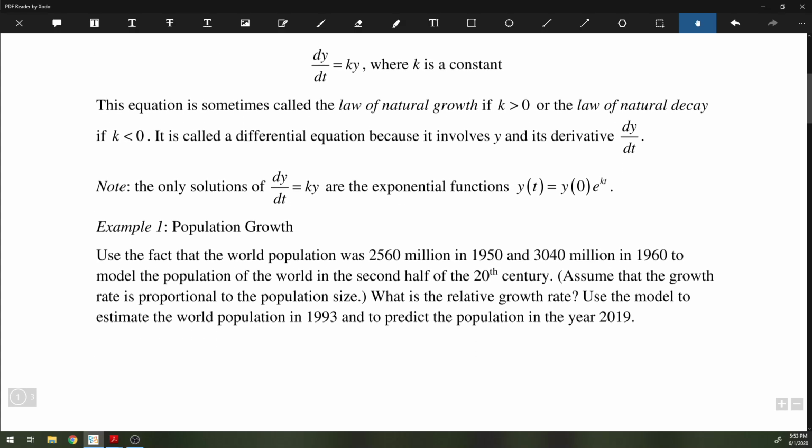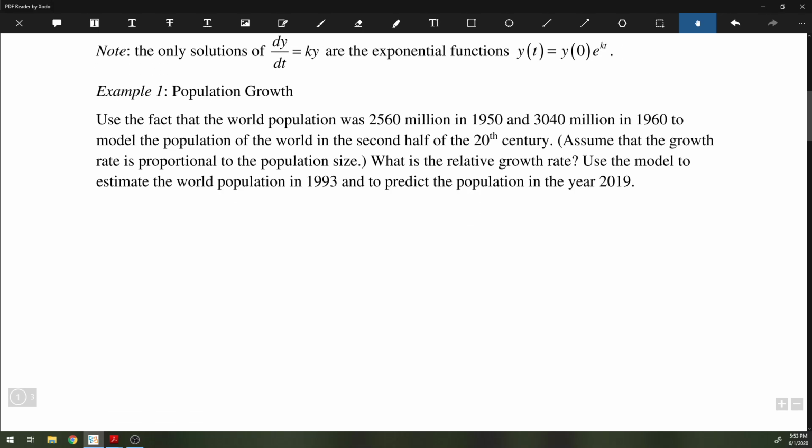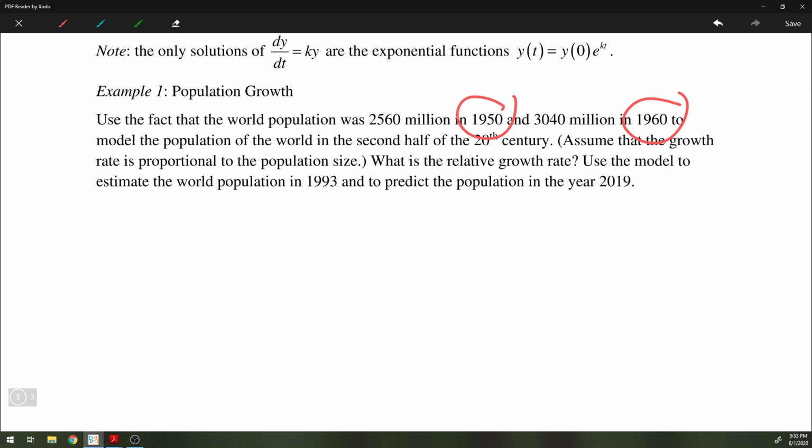Okay, so let's look at what that means in practice. So we're given the world's population at 1950 and at 1960 years right here. And we're going to predict the world population in the second half of the 20th century. So we are going to assume that the growth rate is proportional to the population size, and that the growth rate is fairly constant. Okay.